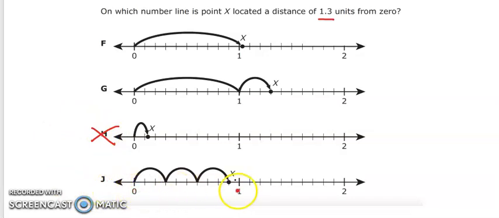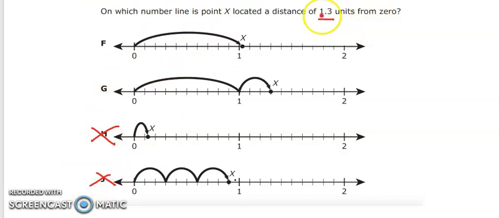So 0, the 1 is here, so the number is before the 1. So this is also not an answer because the location is before the 1 and it's supposed to be after the 1. So now we have two choices. Even if your child doesn't understand 100%, your child has a 50% chance of getting this answer right by just eliminating these two choices that do not make sense.